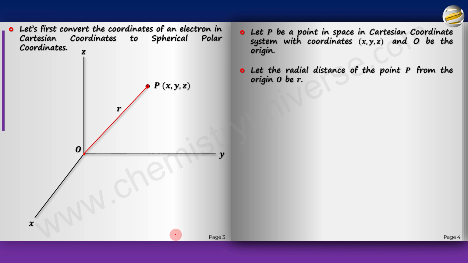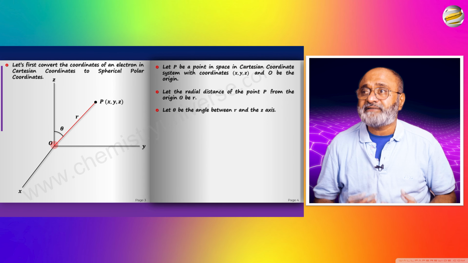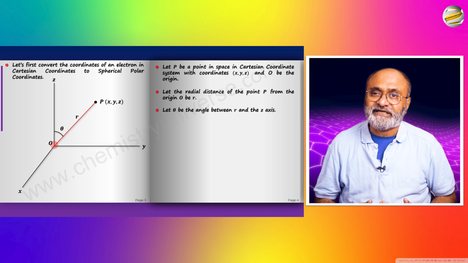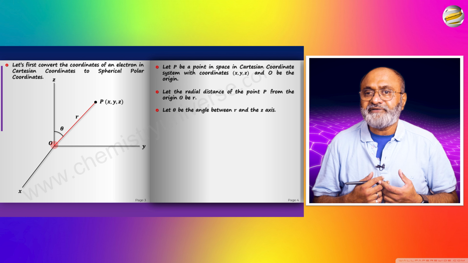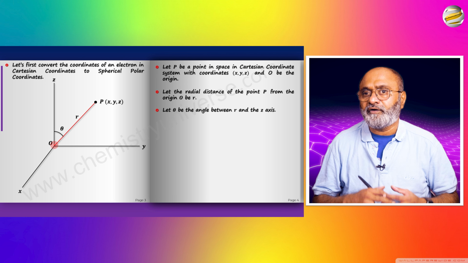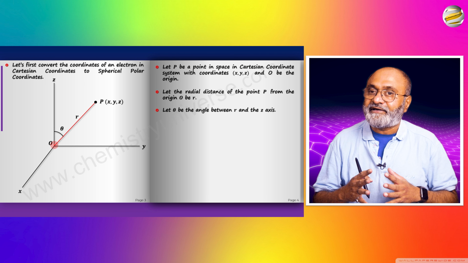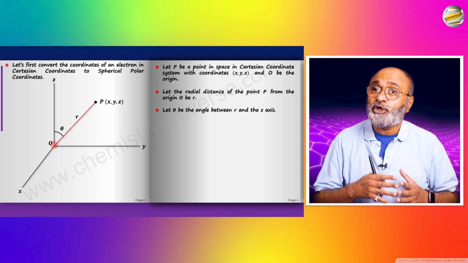Now let's assume that the angle that r, this particular line, makes with the z-axis is theta. So let theta be the angle between r and the z-axis. This is how theta is defined. If somebody were to ask you what theta in the spherical coordinates represents, well, it is the angle between the radial distance of the electron from the nucleus and the z-axis.